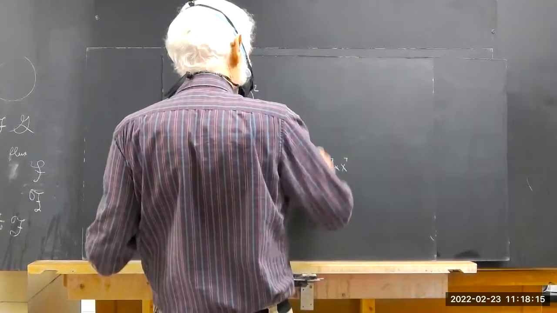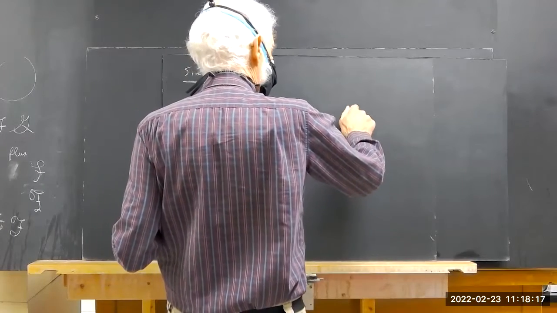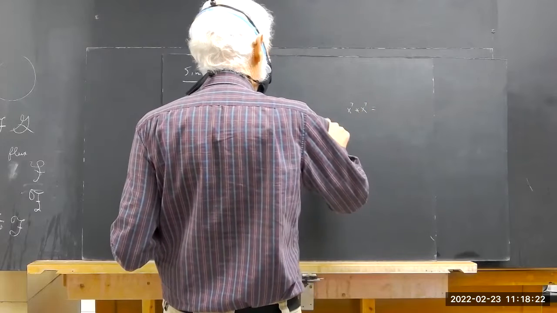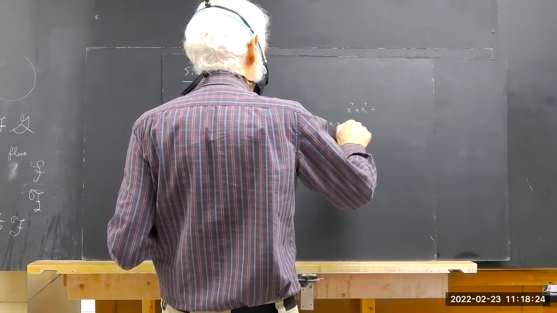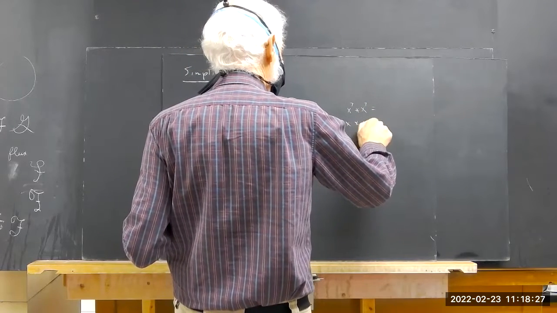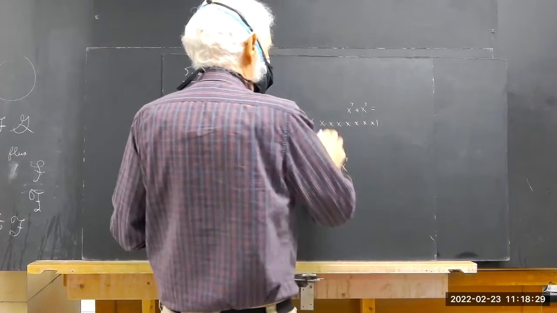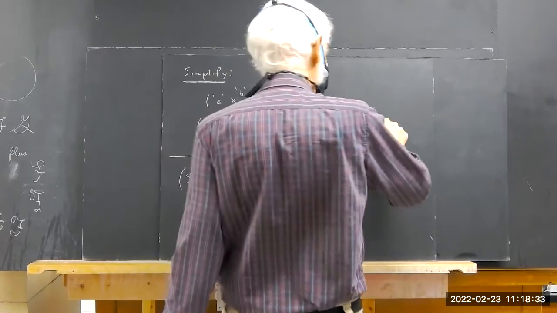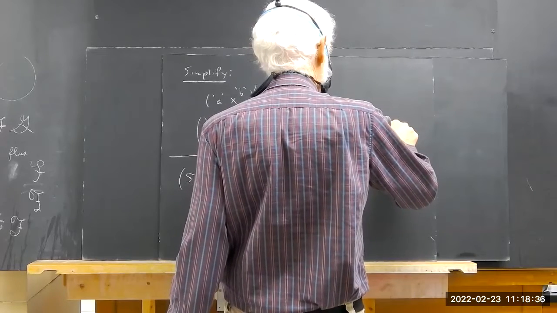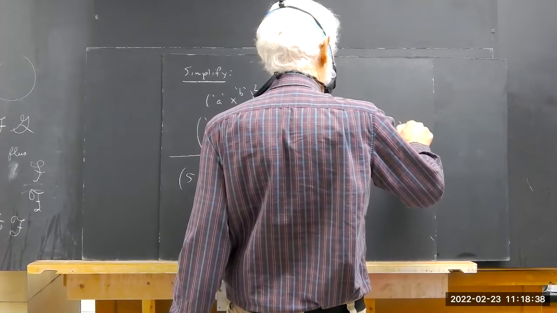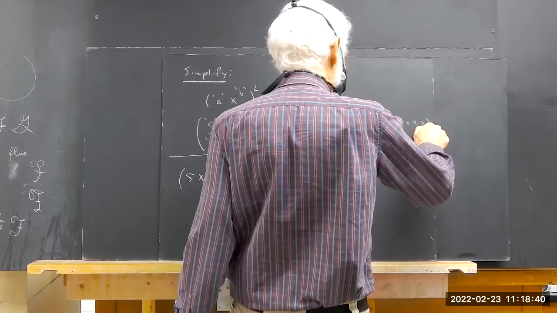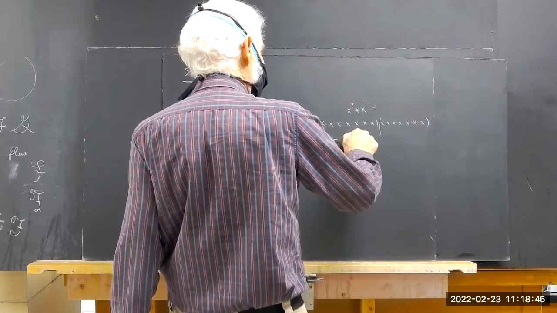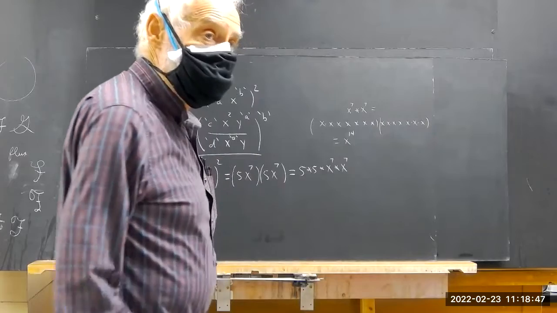But I'll just note up here that x to the 7th and x to the 7th is the 7th, right there. I wrote it all out. That's what x to the 7th means. And of course, that's x to the 14th, because you got 14 of them, right?